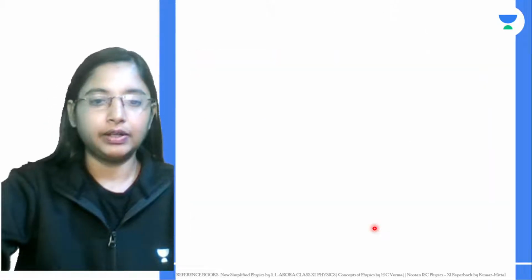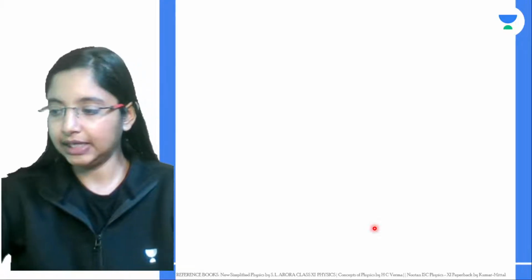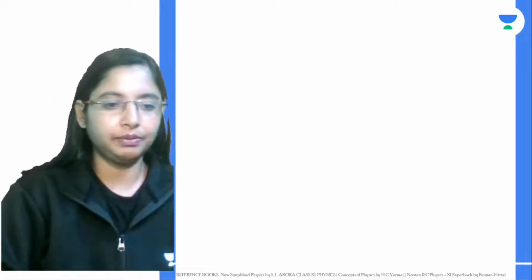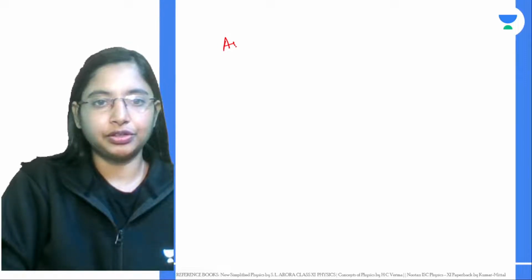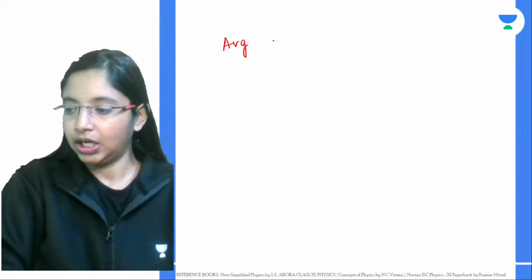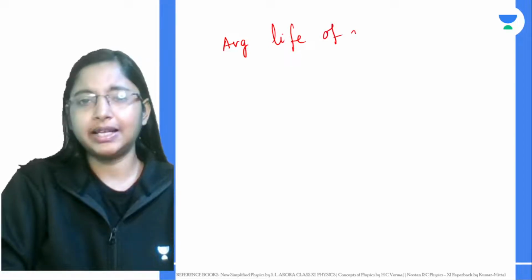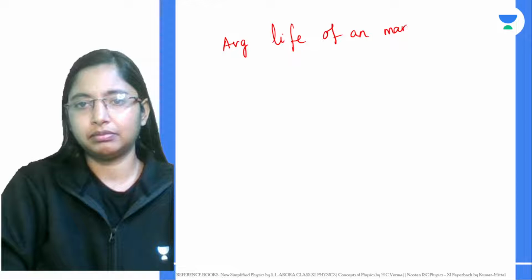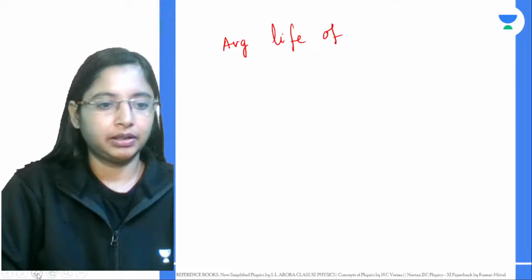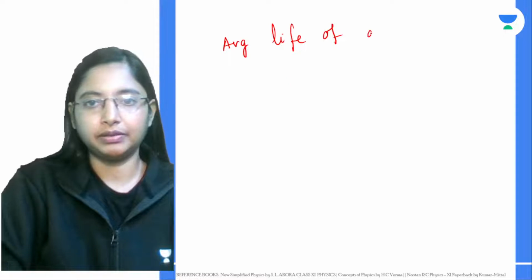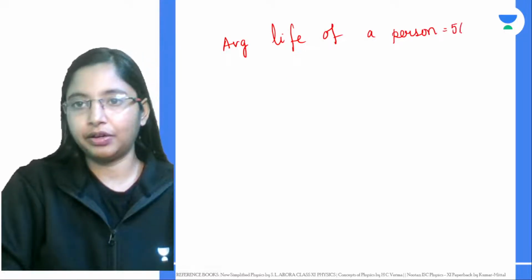Till now we covered measurement of time. Let's do one more numerical, a very simple one. Let's say the average life of a person, for example an Indian man, is around 56 years.